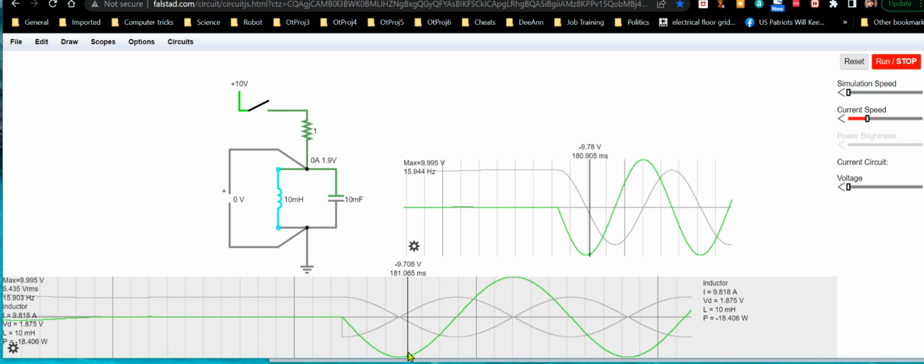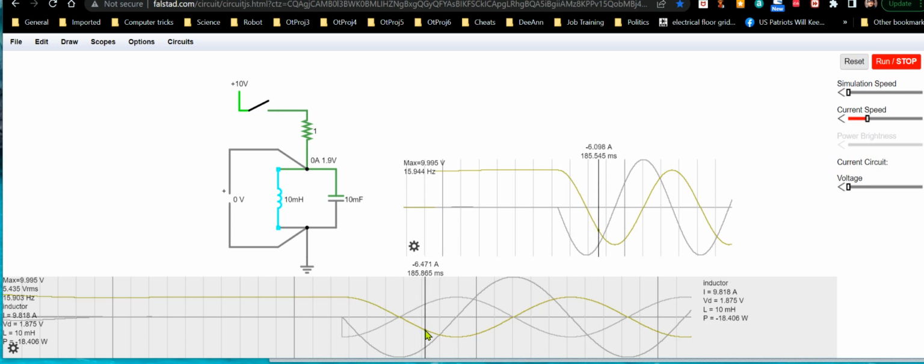Okay, so for this next quarter cycle, the capacitor discharges, and you can see that with the voltage, and you can see the current across the capacitor rises, again in the opposite direction to last time, and so does the current across the inductor. Why is it rising?